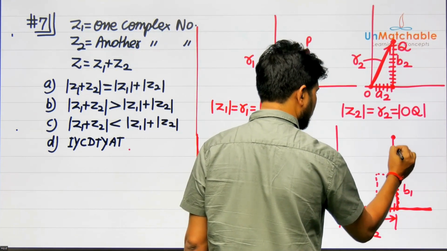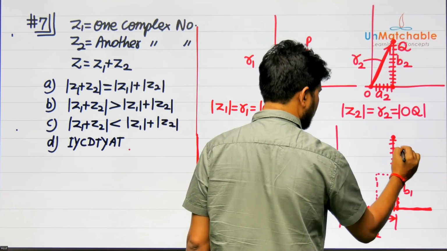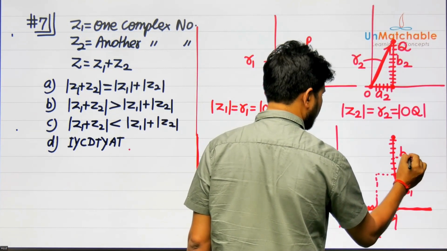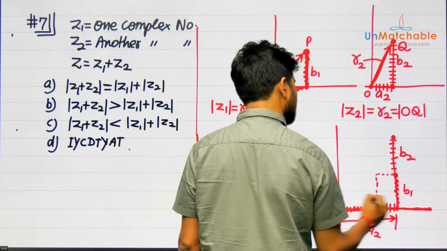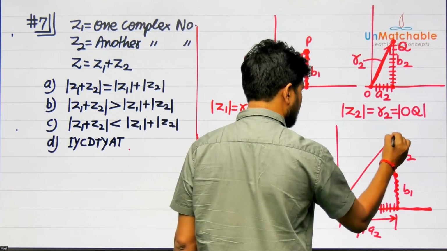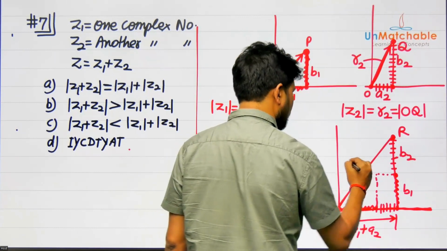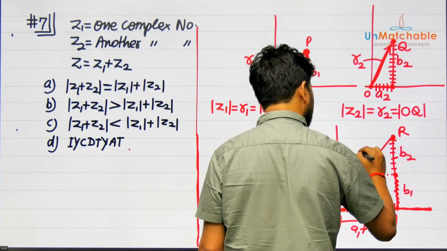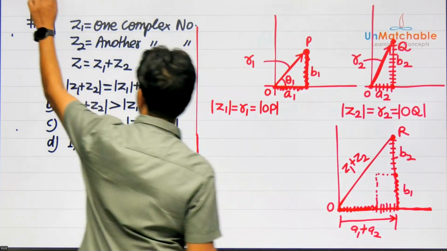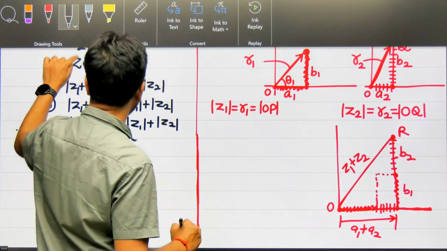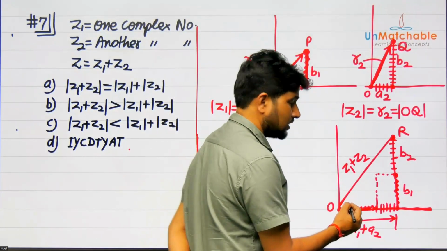Be very attentive. So I'm going to do the same thing with B1 and B2. Now this complex number OR is representing Z1 plus Z2. But then we notice something really very interesting.